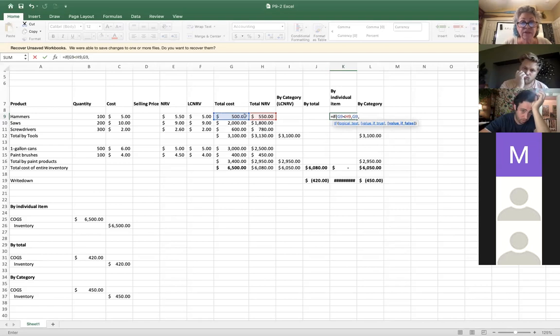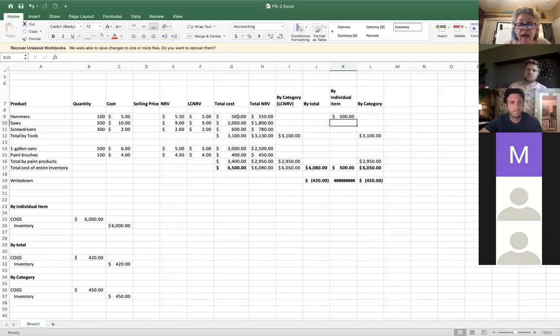If that statement is false, then I want NRV. And we can see that total cost is lower than NRV for my hammers.